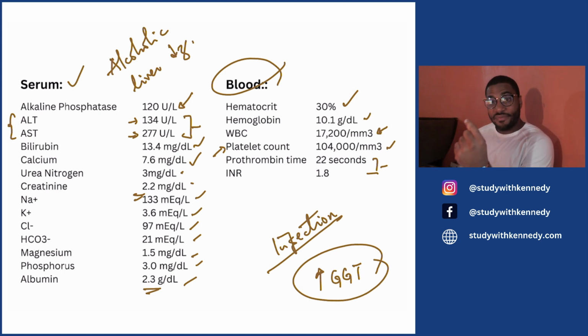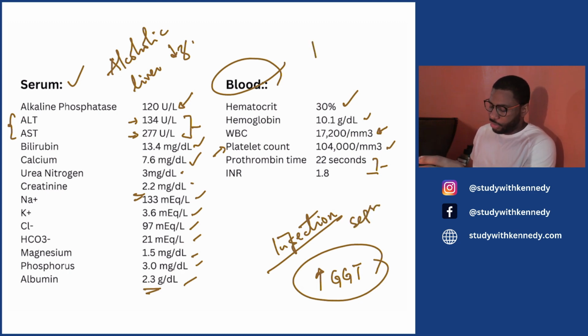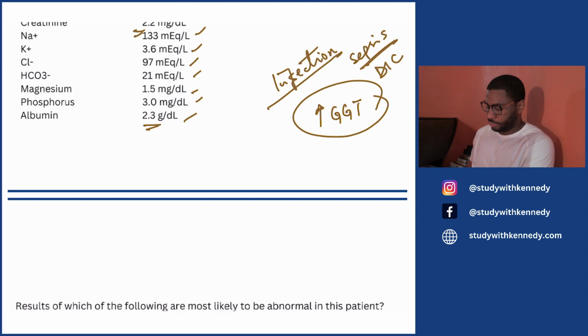This patient has an infectious process going on, and there's probably some form of DIC as well. Secondly, this patient has alcoholic liver disease. Two differential diagnoses: an infection, probably sepsis and potentially DIC, and second, alcoholic liver disease.